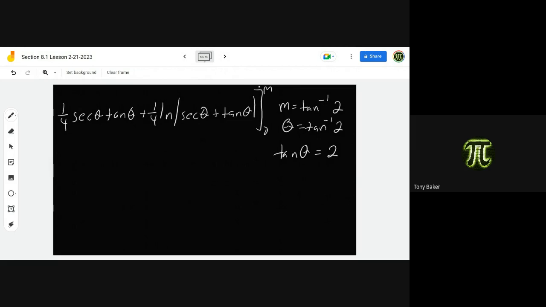What's secant? Well, I know that secant squared theta minus 1 is tangent squared theta, right? So secant squared theta minus 1 is 4, so secant squared theta is 5. So secant theta is the square root of 5.